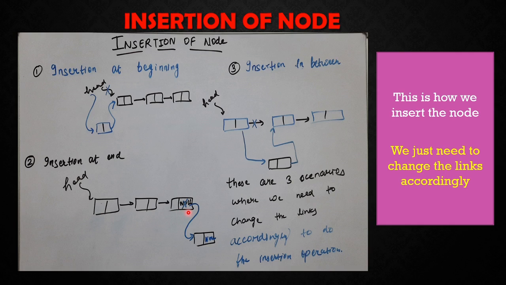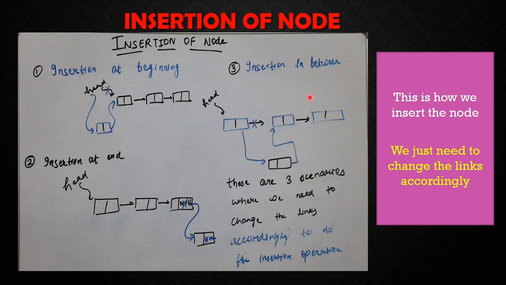After going there, we should update the next block of this node from null to the address of this new node, right? This way you will be able to make the link. This is insertion at the end.